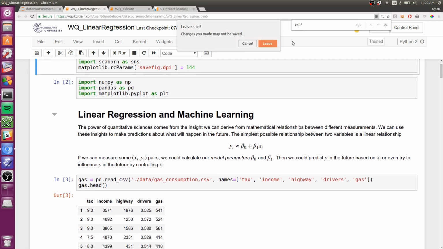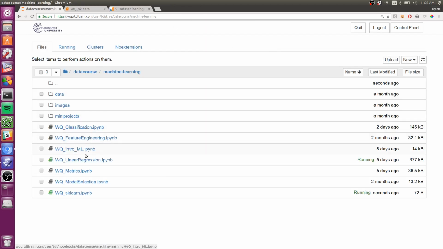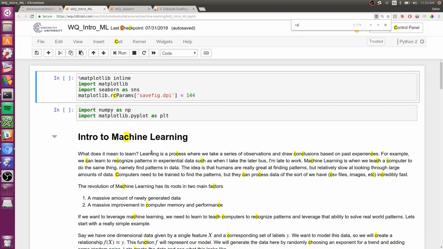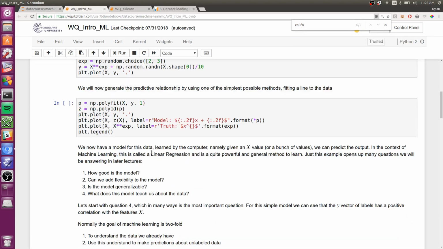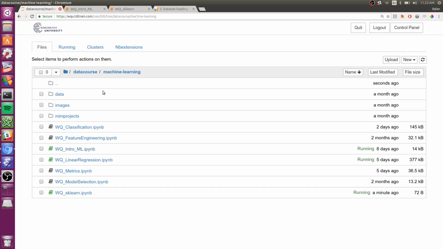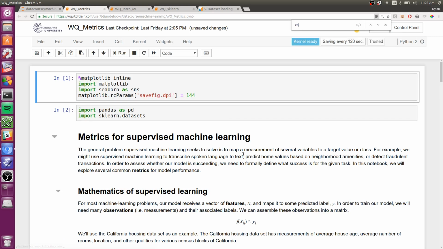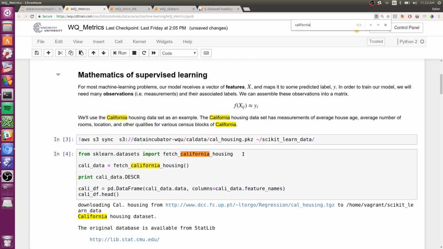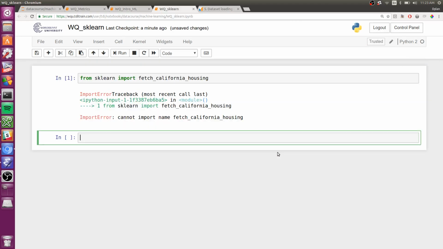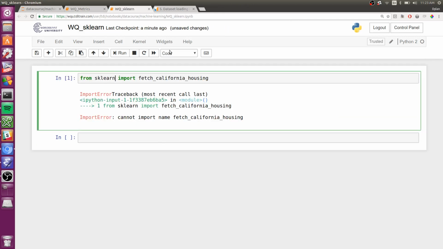Oh, right, we don't use that in this; we use it in intro ML. There we go. Fetch California housing. Oh, from sklearn.datasets, of course.